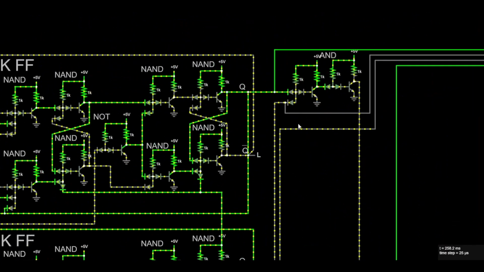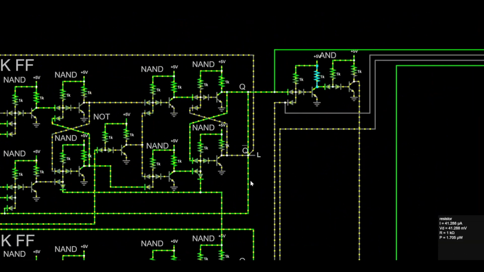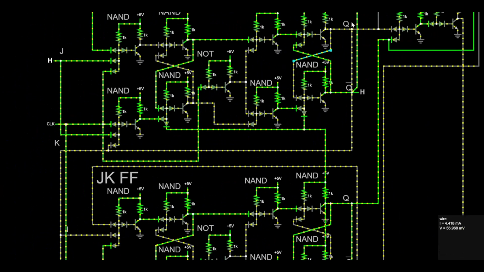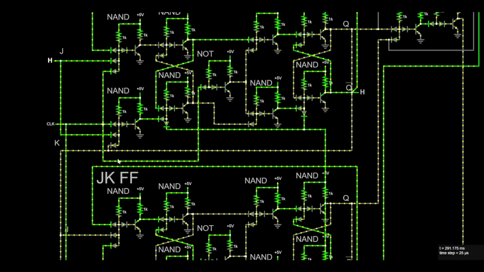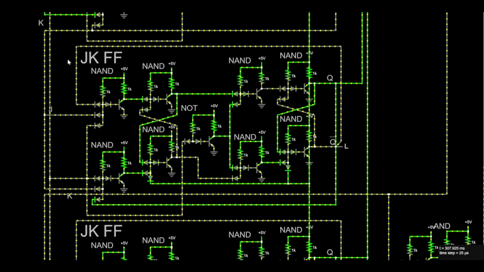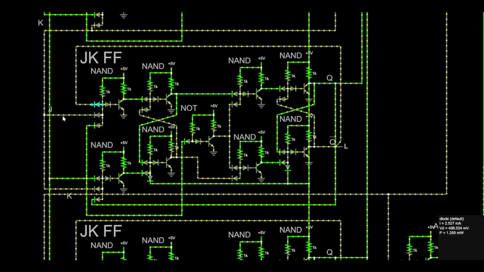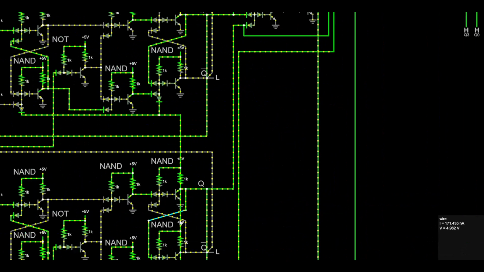And then this travels into this AND gate, then this signal also travels from not just this AND gate here, but also drives the, oh god, I can't follow my own lines, the next JK flip-flop. And then this also drives the AND gate.